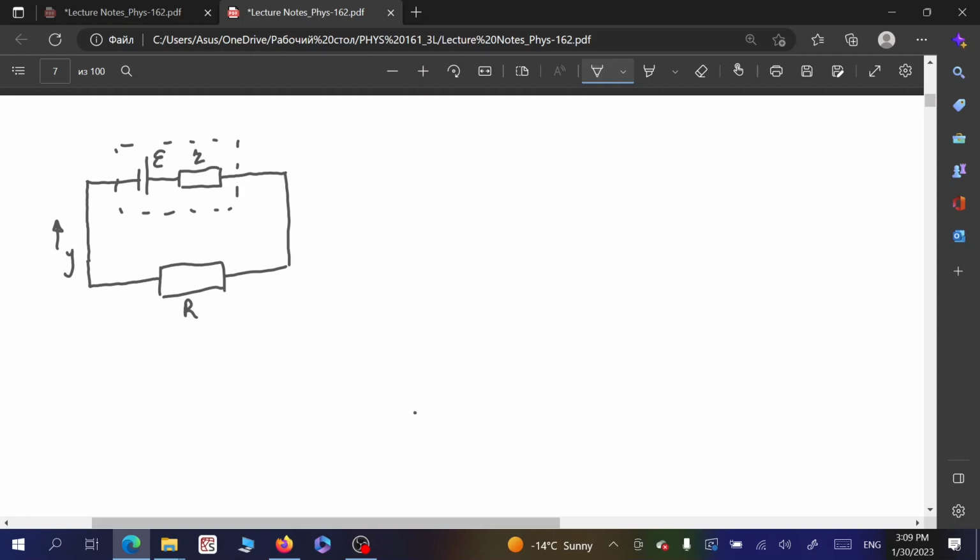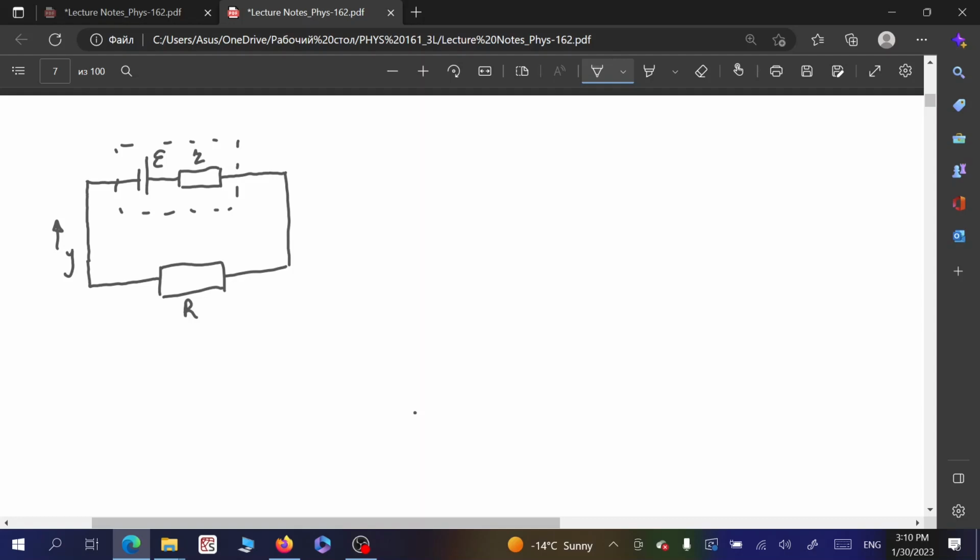It will be a little bit smaller, depending on the quality of the battery, and also on the magnitude of electric current, because the deviation of the actual potential difference at the terminals of the battery from this electromotive force will be proportional to the magnitude of electric current flowing through the electric circuit.